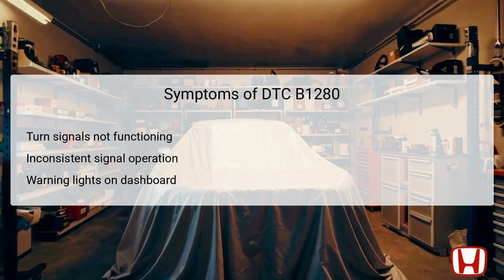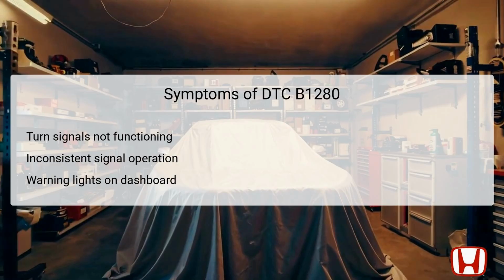Drivers may experience several symptoms if DTC B1280 is present. One major symptom is that the turn signals may not function at all, which poses a significant safety hazard. In some cases, the signals might operate inconsistently, turning on or off unexpectedly, or lighting up without user input.